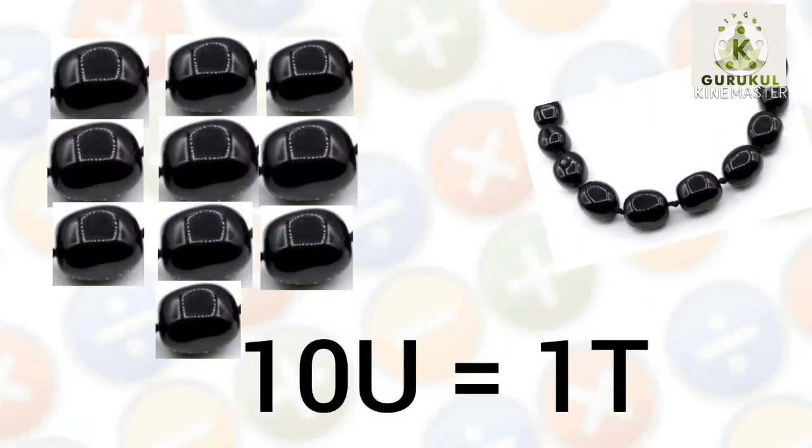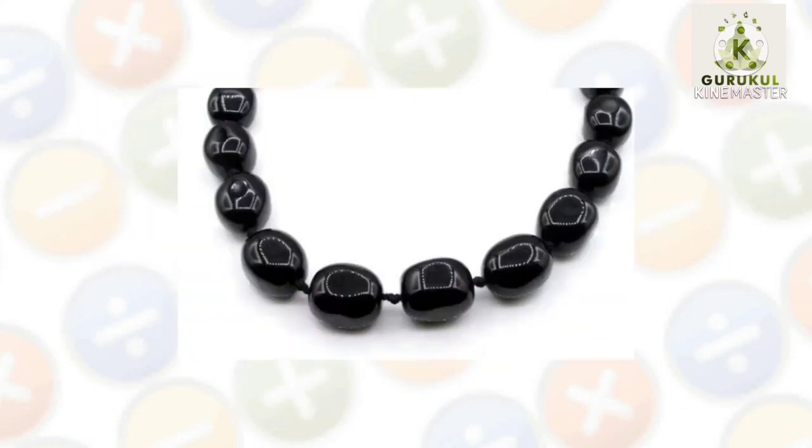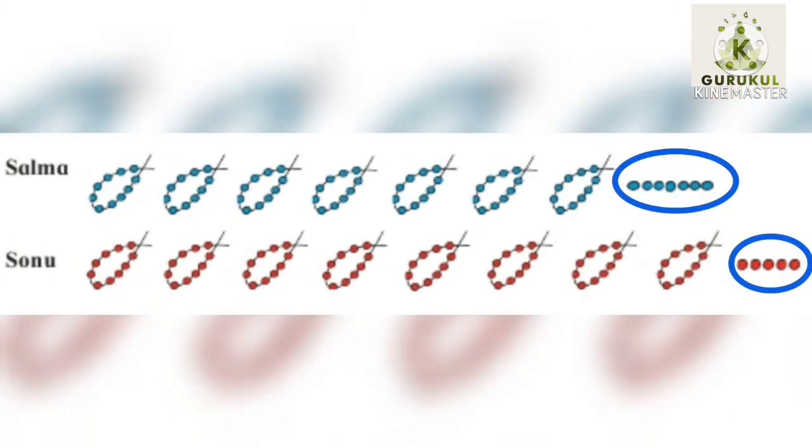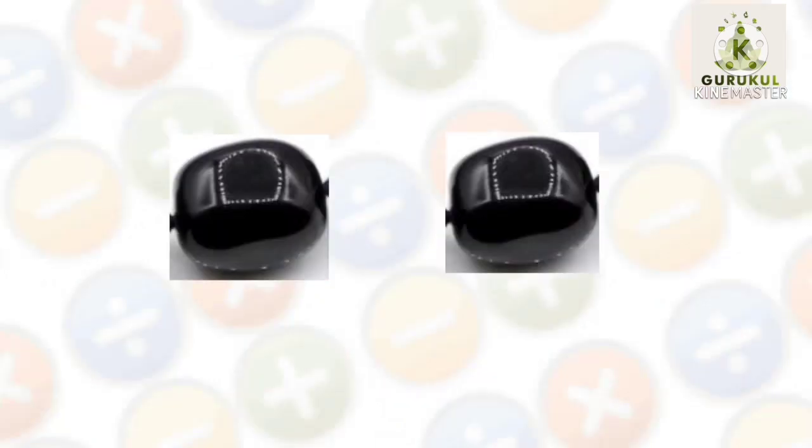Now 10 units is 1 ten. So they made one string of 10 using 10 of the 12 single beads. So they had 2 single beads left.